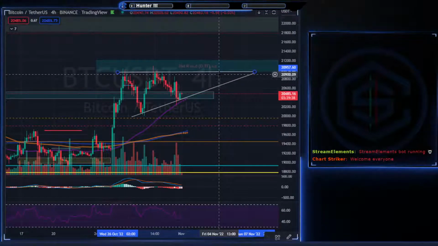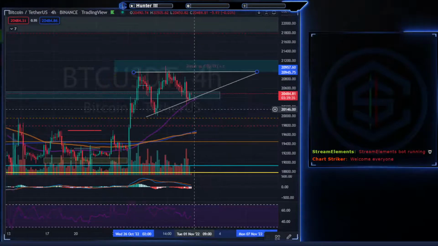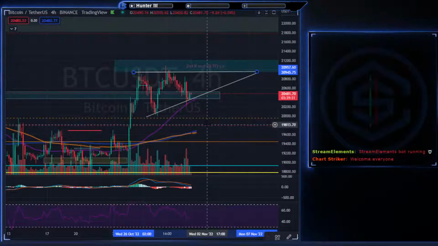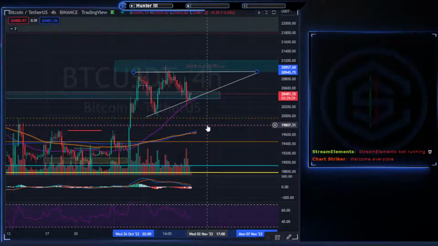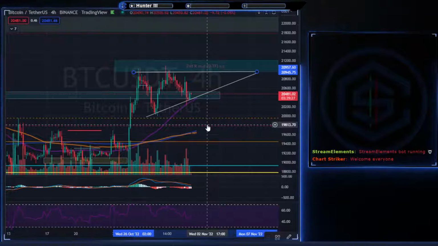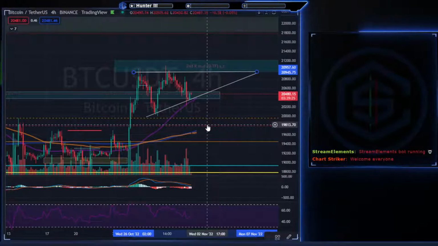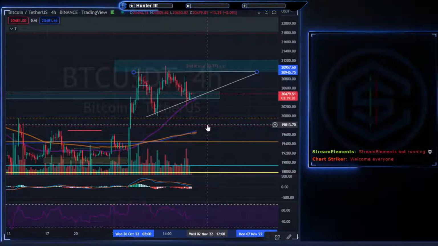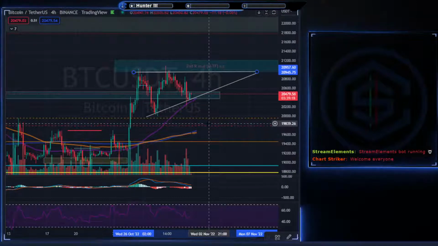Important things when it comes to Bitcoin that I can repeat and leave you with is, if we break below $20,000 to $19,800, the probabilities are higher than anything else that this was just another bull trap, okay?